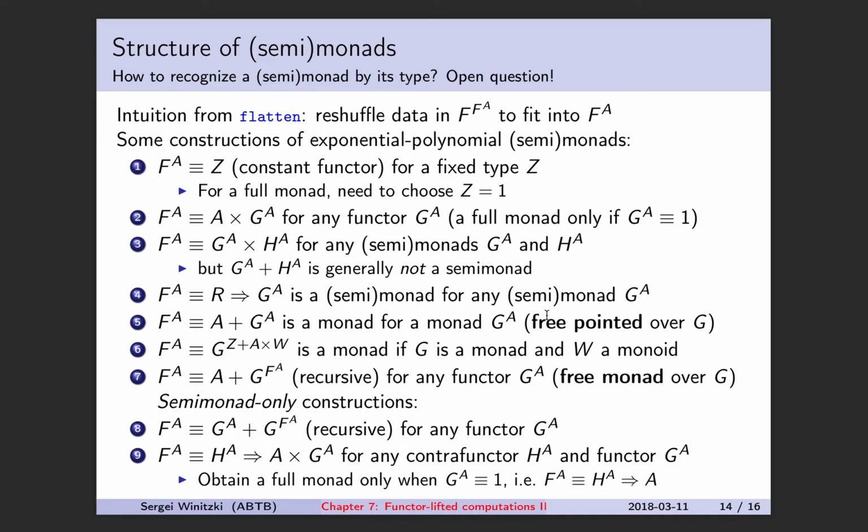Now, as I said, for this construction, G must actually be a full monad, so it must be pointed. Now, I remind you what pointed means. For a functor, pointed means a natural transformation from identity. In other words, a natural transformation of type A to G of A, which is the type of pure.